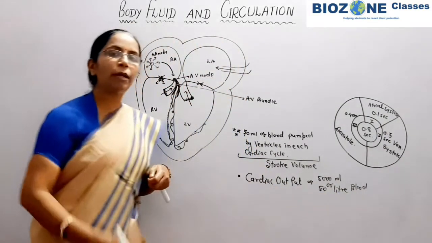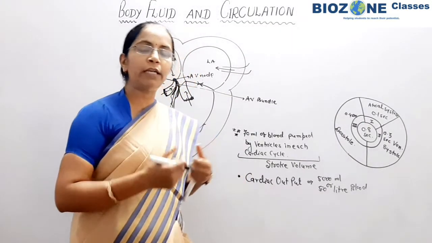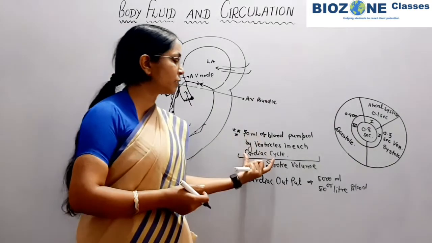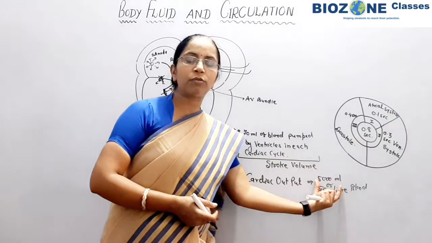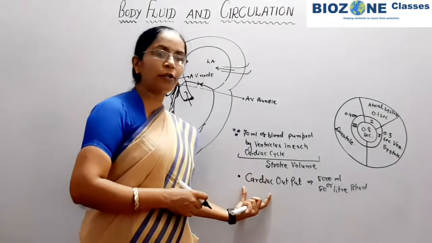That means 5000 ml of blood is pumped in 1 minute by the heart, or in 72 cardiac cycles, nearly 5000 ml of blood is pumped to the various parts of the body. So this part you remember.